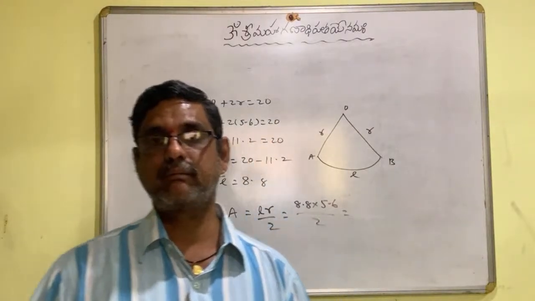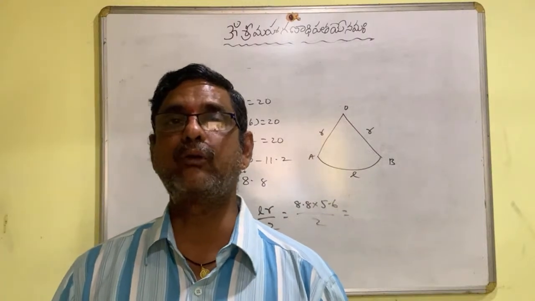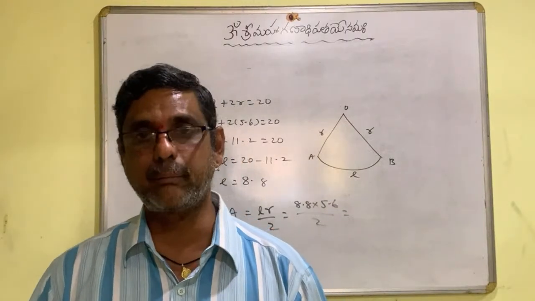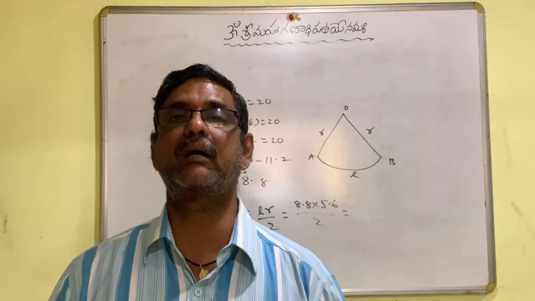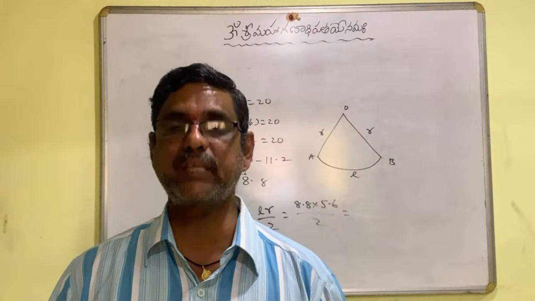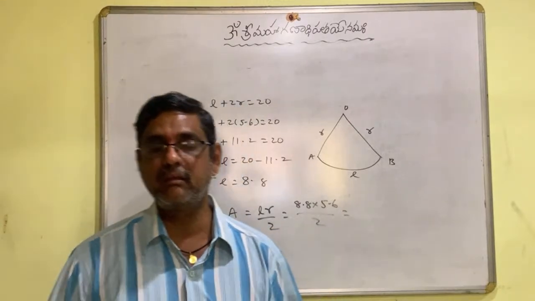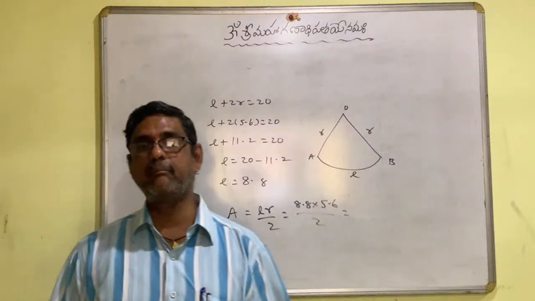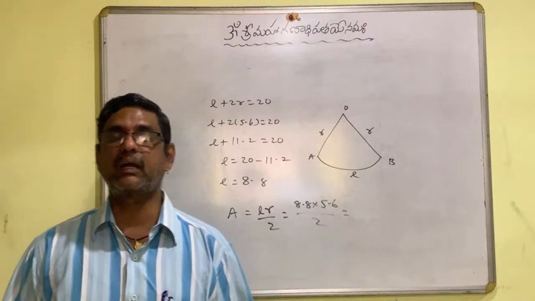Next point: whenever the answer booklet is given to you, you have to write all the information on it: roll number, name of the exam, date of the exam, subject, class, section, everything. If I find any place empty over there, I will not correct that paper.